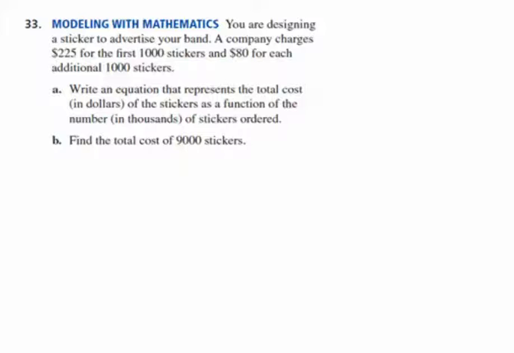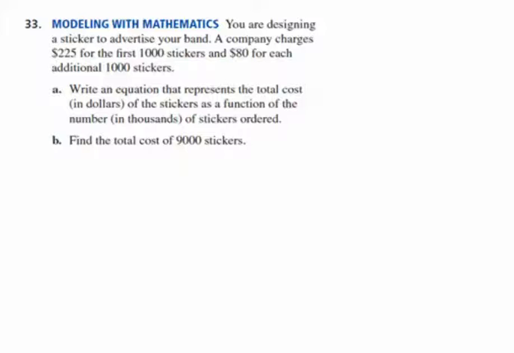So this problem is a little bit different than other problems that we've worked with. In some problems we work with an initial fee, a setup fee, an installation fee, some type of one-time base fee, and then we had to pay for each phone hand, each month of service, etc. that we used.